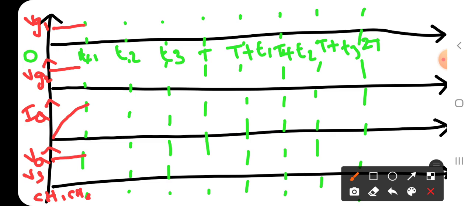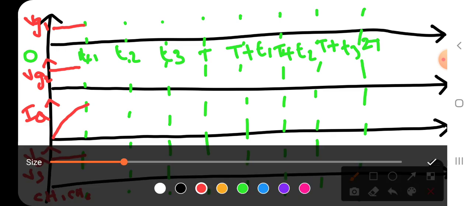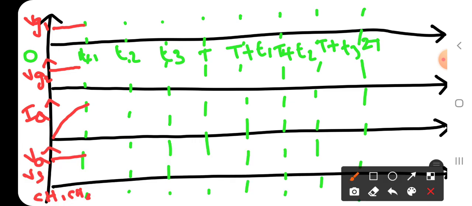Next we turn off the chopper 1. Therefore, which switch will be turned on? D1 is forward biased and CH2. So here the output voltage is 0. The current decreases in this fashion and CH2 is on and this will be off like this.